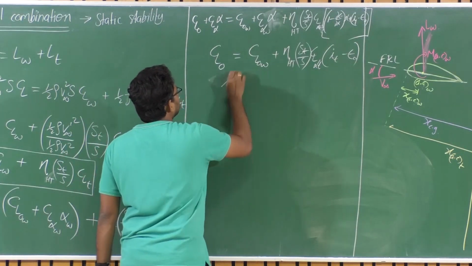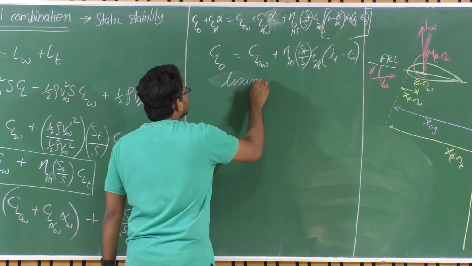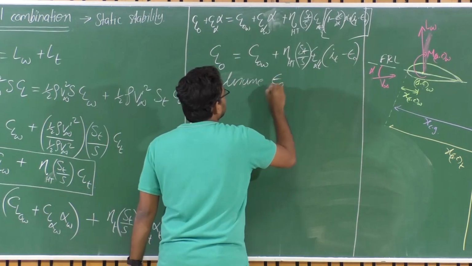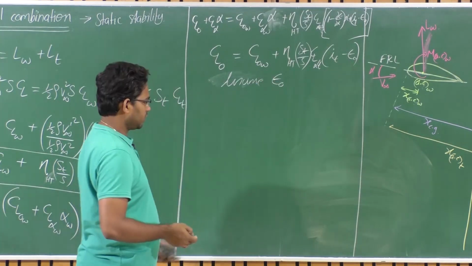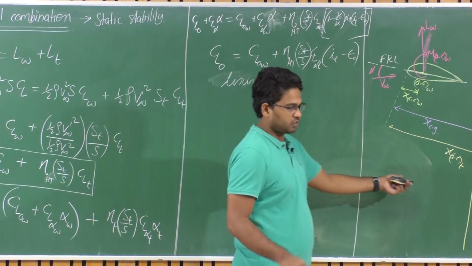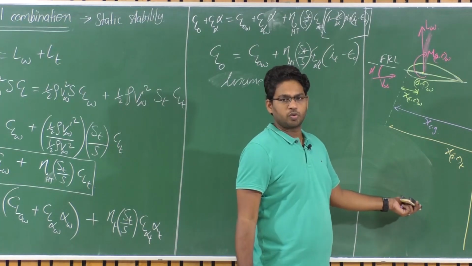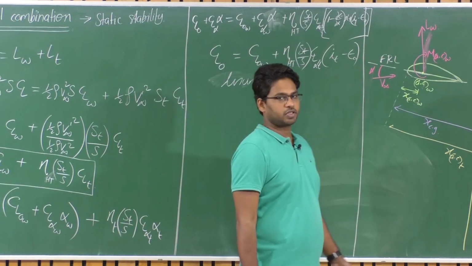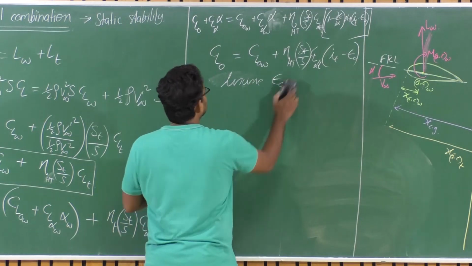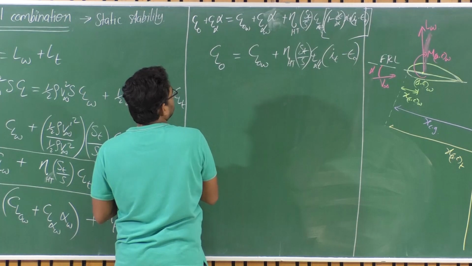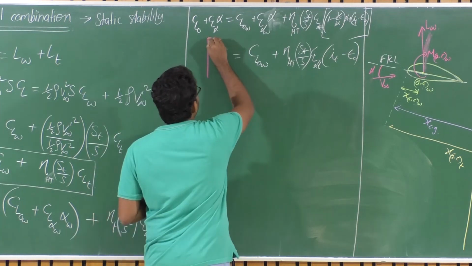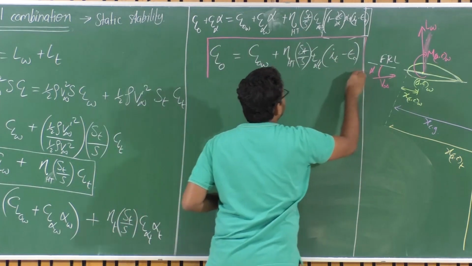You can assume epsilon naught is small; otherwise, epsilon naught in general is positive. You saw that expression, right? Epsilon naught is 2 times CL naught upon 2 pi AR, so that's a positive expression, and we can keep it as it is. So this is one equation that talks about the total lift of a wing and tail combination.